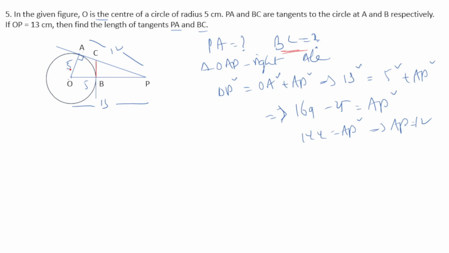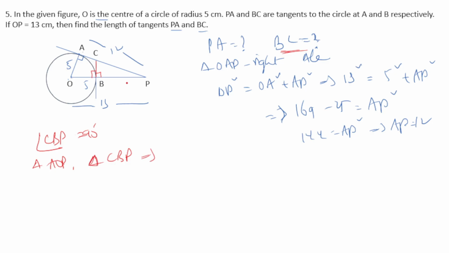See, if there are two triangles and any side is asked, you have to apply the similarity property. See here, OB is radius and BC is tangent. So radius is perpendicular to tangent. So angle CBP, this is also 90 degrees. And we will compare the triangles AOP and triangle CBP.